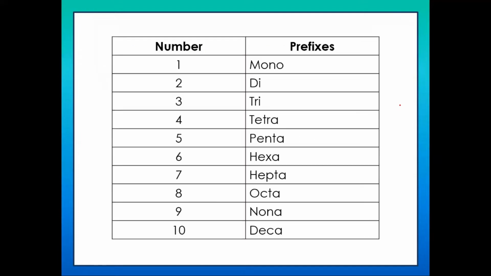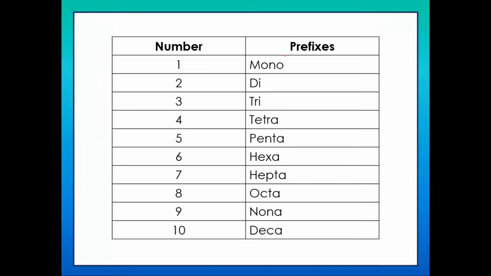Okay, now let's try to use these steps by having these examples. Now, before that, let me give you this particular table for the prefixes. So if you see a certain number, a subscript, which is 1, 2, 3, and so on, the prefix that you have to add to the given element name are here, as pointed by my cursor. So 1 mono, 2 di, and so on.